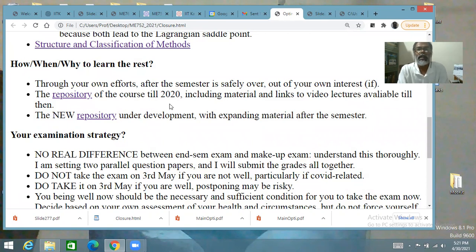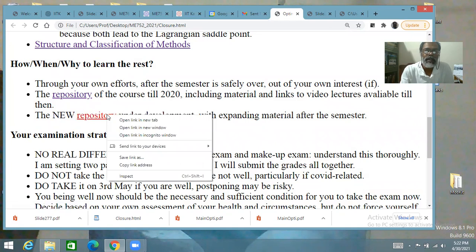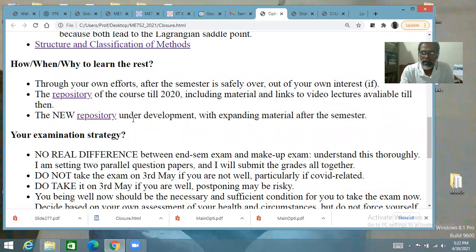Okay, so after that, all those 4 classes of methods, several methods have been covered in further lectures over weeks 9, 10, 11, and so on. Okay, including some advanced topics. And the new repository, which is now under development, is what you have gone through.